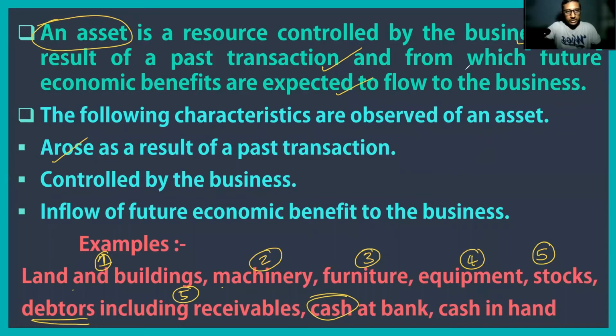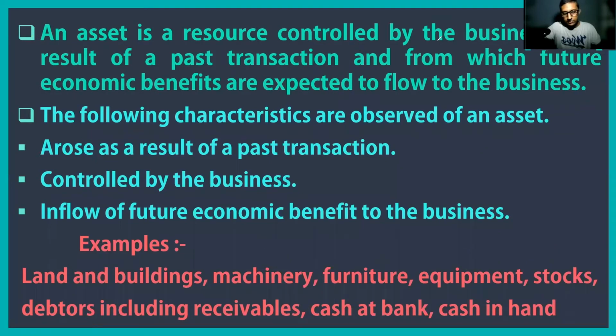So I hope you have a clear understanding about assets. If you have any questions about this part, please feel free to mention them in the comment section, because I will answer each and every question.